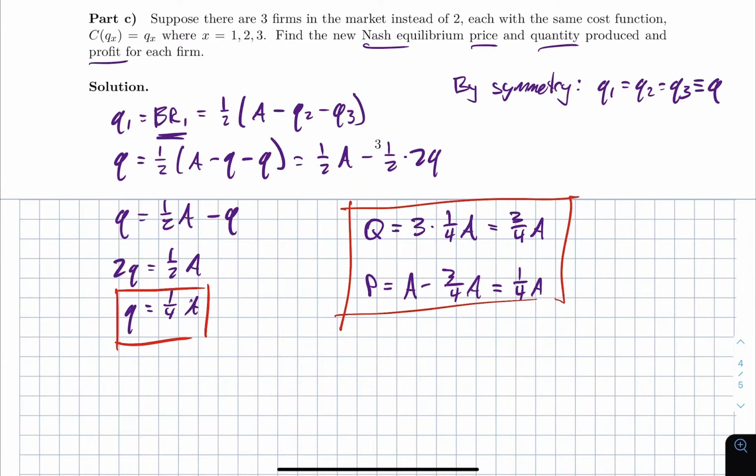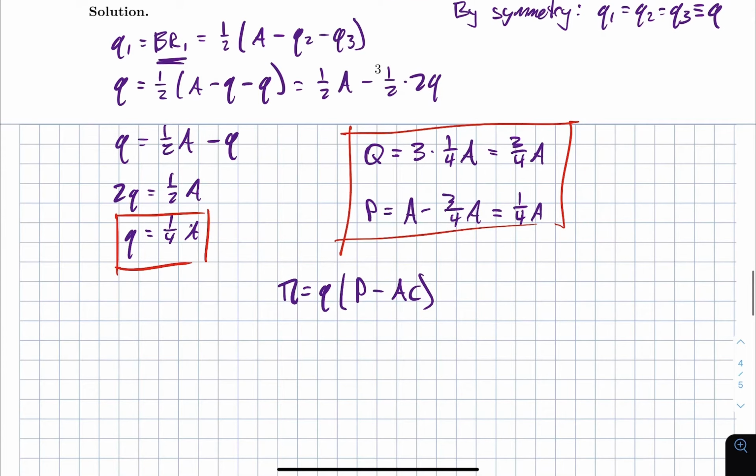Okay, so profit for the firm is quantity times price minus average cost. Average cost is 1.